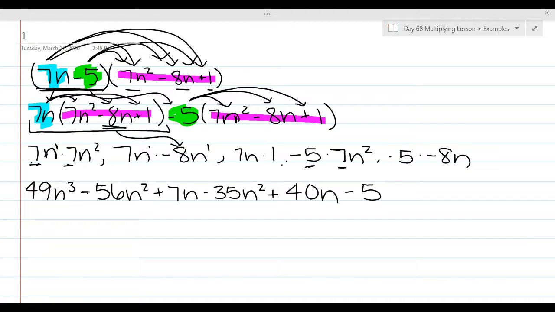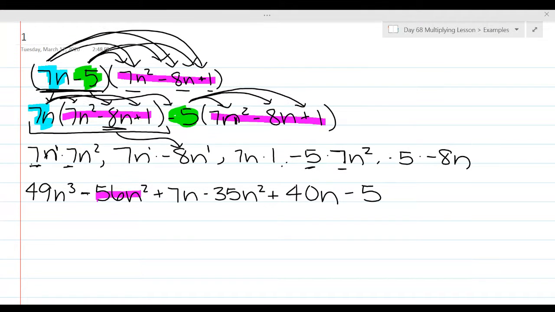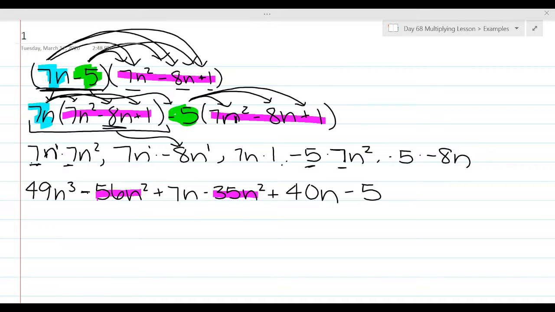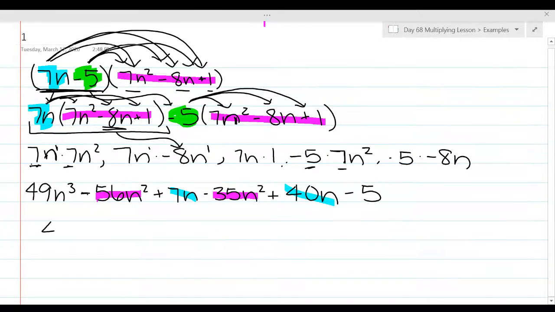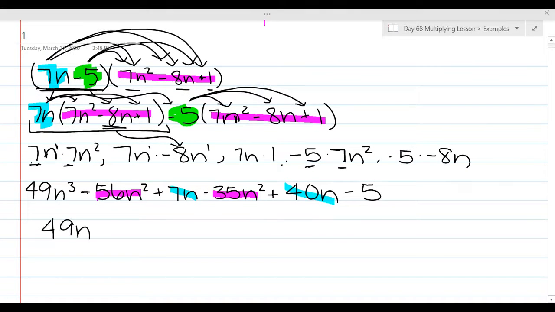Now we are not done because we do have like terms that we need to simplify. So we have two terms with n squared and two terms with just n. And the last two don't have any like terms, so we're going to just leave them where they're at. So our final answer will be 49n cubed.